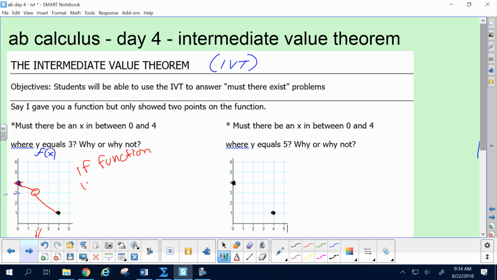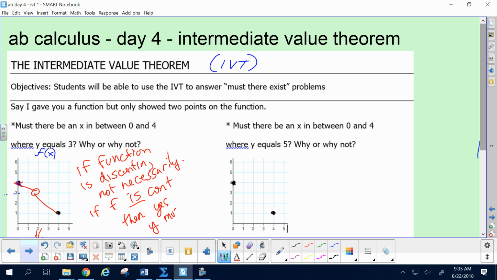If the function is discontinuous, then not necessarily. Okay? But if the function is continuous, then yes, y must equal 3.